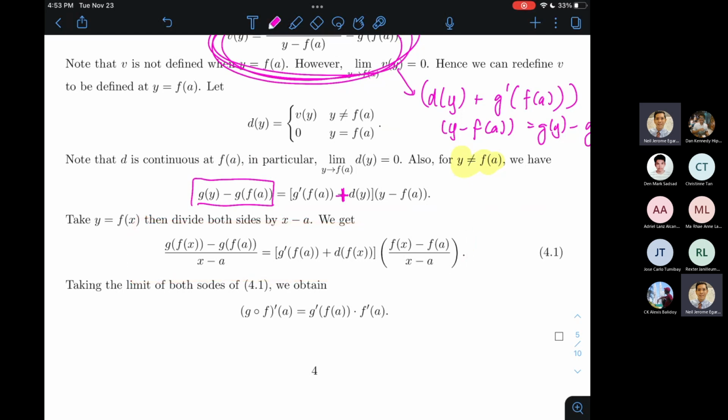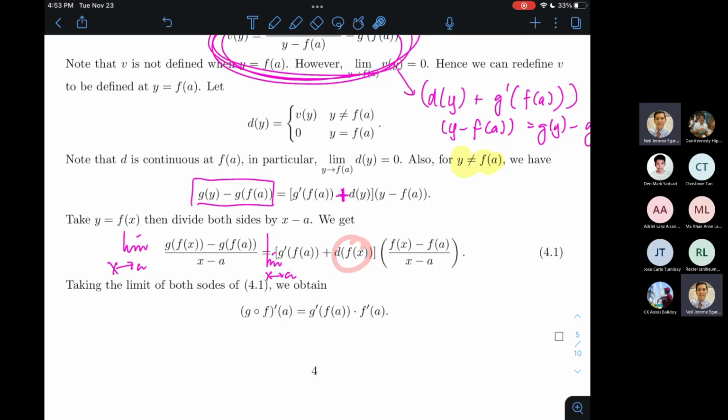And then we take the limit of both sides as x approaches a. As x approaches a, this guy is basically g circle f prime of a. Kasi derivative siya ng g circle f, limit siya ng difference quotient involving g circle f. Now, on the right-hand side, limit as x approaches a, no? Ito ay constant.